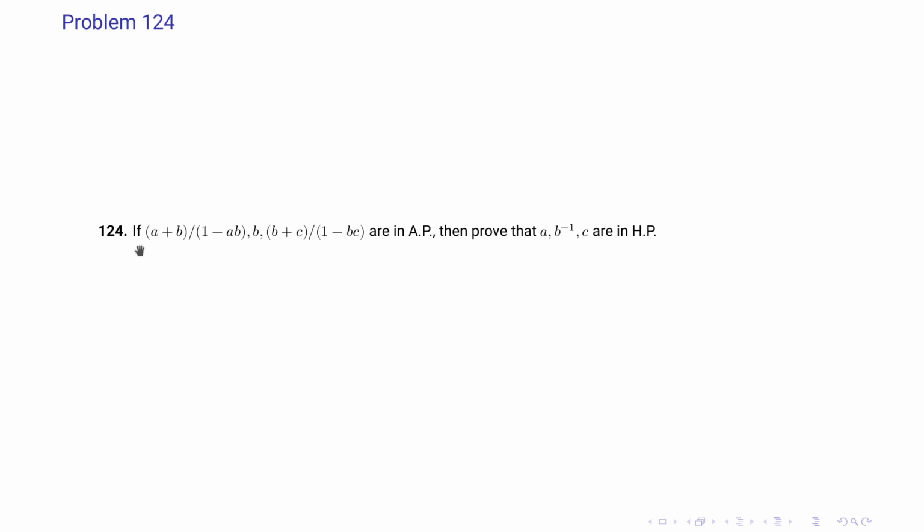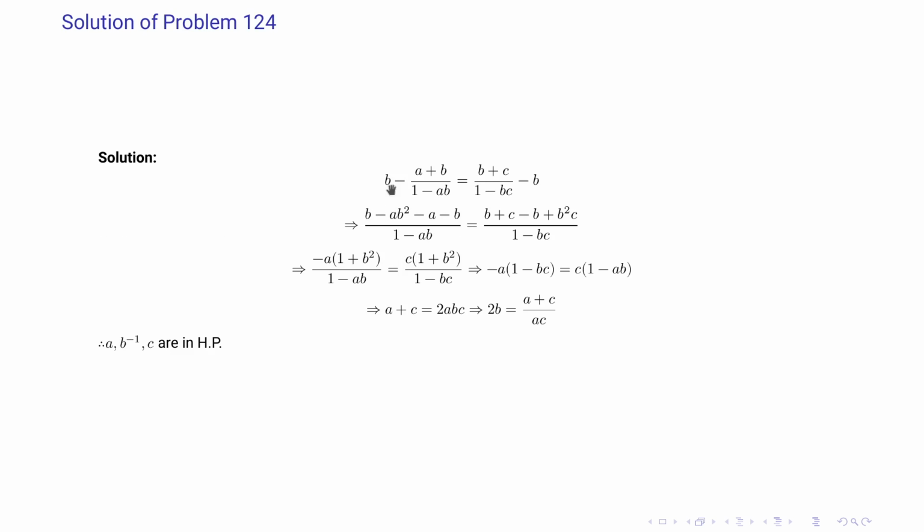Problem 124 says that if (a plus b) by (1 minus ab), (b plus c) by (1 minus bc) are in AP, prove that a, b to the power minus 1 and c are in HP. So we write that middle term minus first term is equal to third term minus middle term. So we take LCM, we get this much, and here we cancel out b, here we cancel out b.